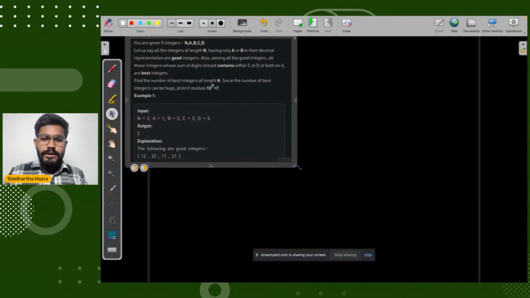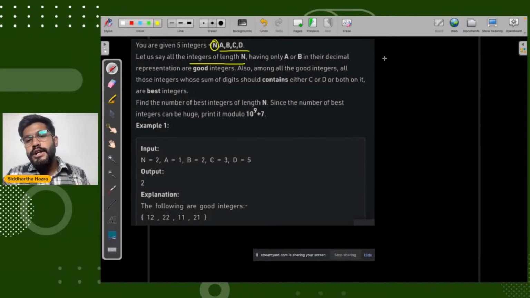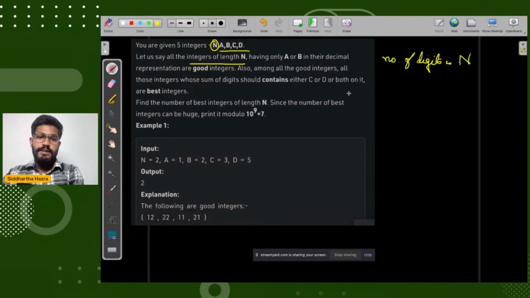Now we are told that we are given five integers: a, b, c, d, and n. It is told that all the integers should be of length n, meaning the number of digits is n. This is the first condition, and it should contain only a or b.